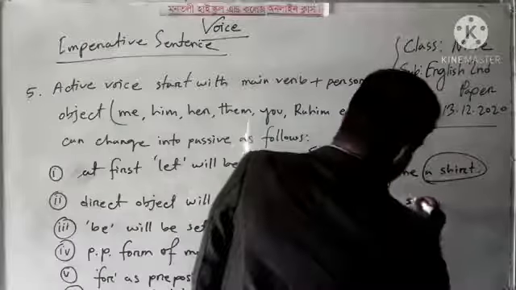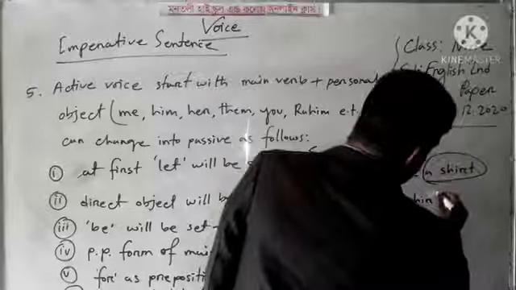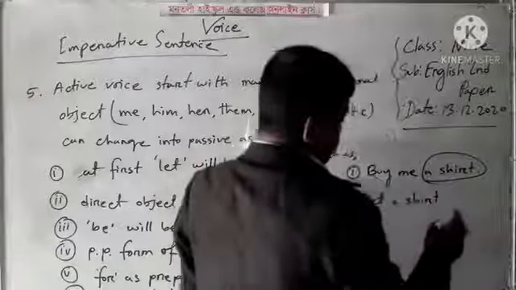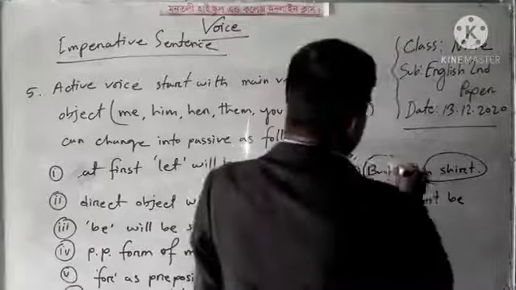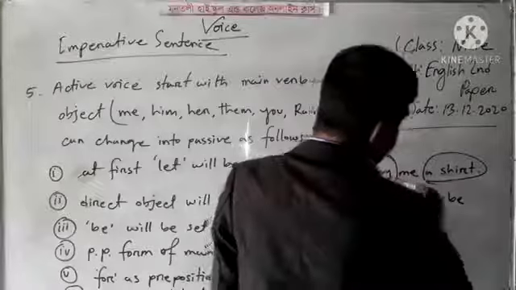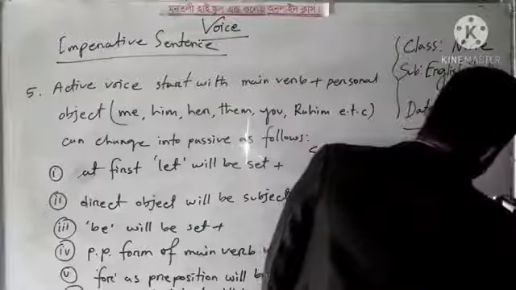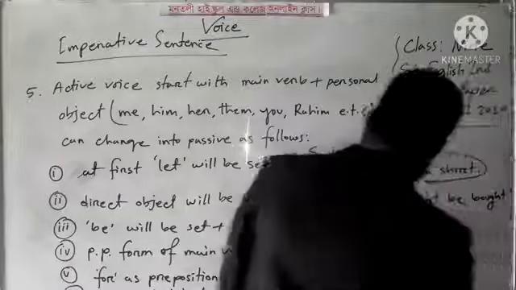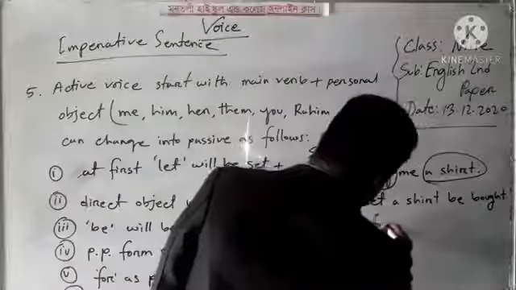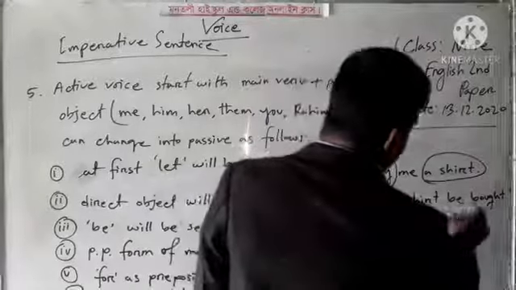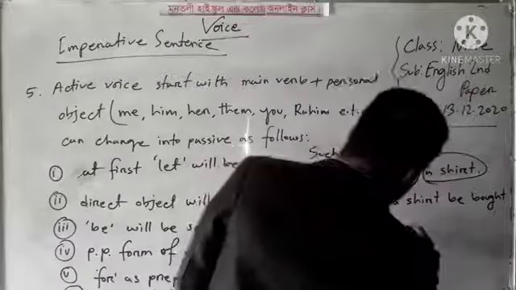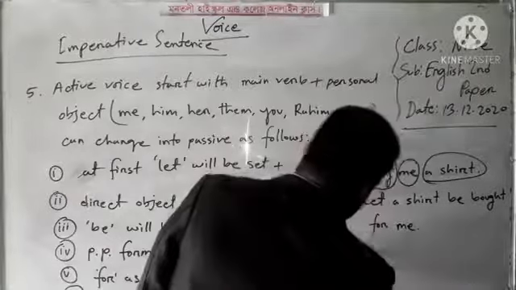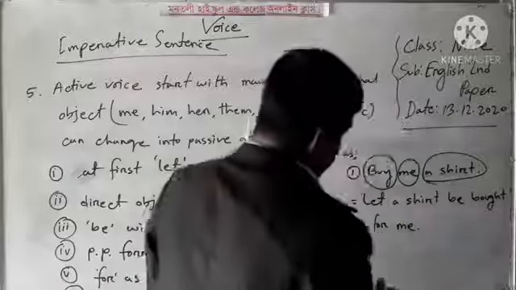Let a shirt be, the past participle form of the main verb buy is bought, B-O-U-G-H-T, bought. Now as a preposition I can write here for. Let a shirt be bought for, now I write the personal object me.